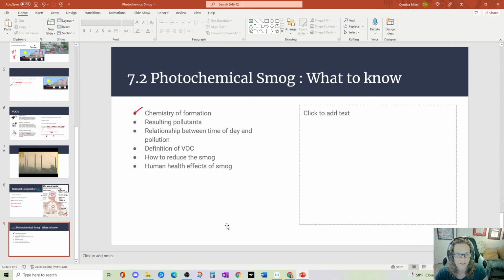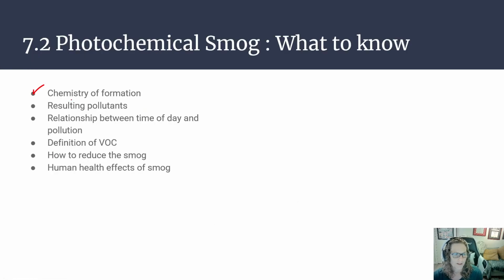What do we get from the smog? The ozone problem. What's the relationship between the time of day and the pollution we get? So remember the morning, the afternoon, and the evening, what smog pollutants are formed. What is a VOC exactly? How do we reduce the smog?